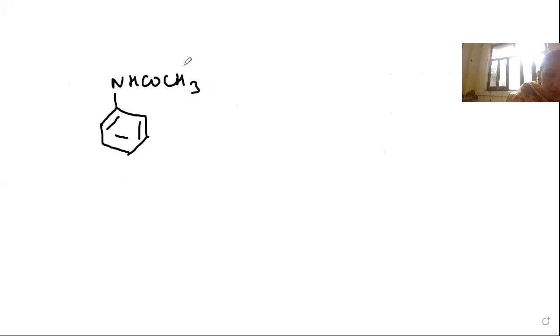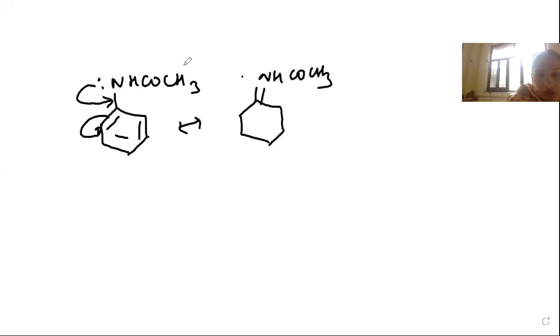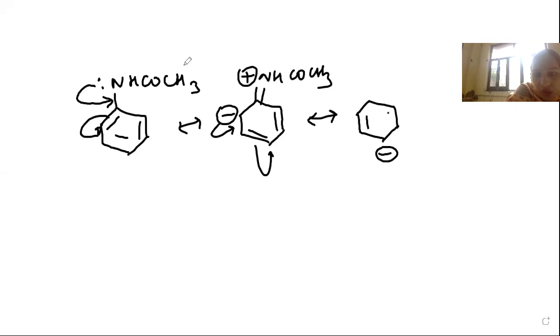So this is your acetanilide. Nitrogen is having the lone pair. This lone pair can go here and we can draw the resonating structures like this. Double bond, NHCOCH3 positive, and here we have negative charge at the ortho position. In the next resonating structure, we will be having the negative charge on the para position, with NHCOCH3 positive.